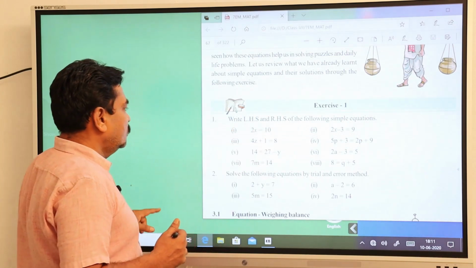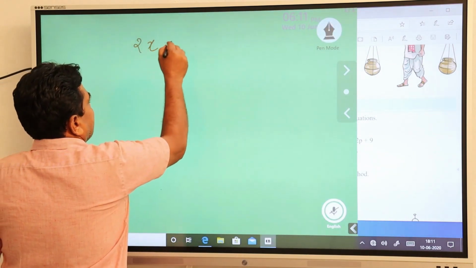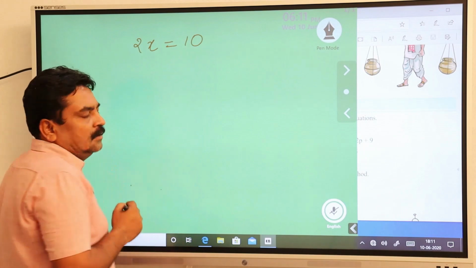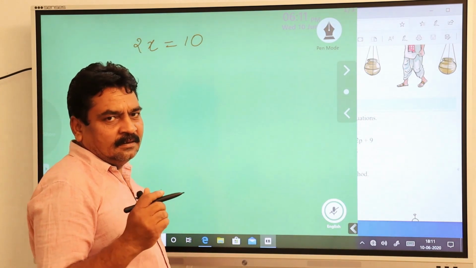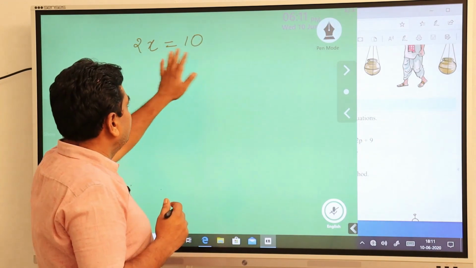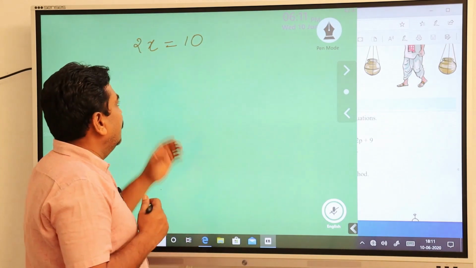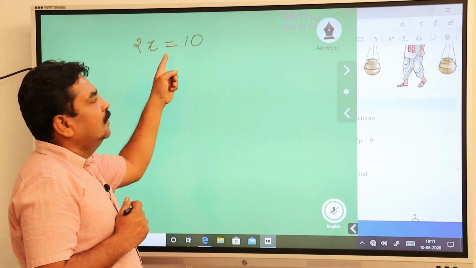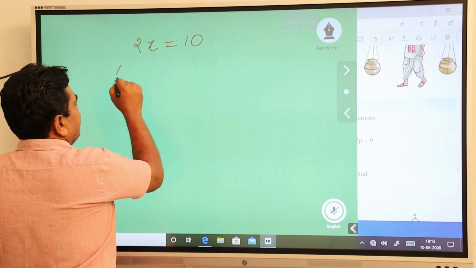2x is equal to 10. This is, 2x is one expression and 10 is also another expression. In between the both expressions you have an equal to sign. So left side of equal to stands for LHS, that is left hand side.